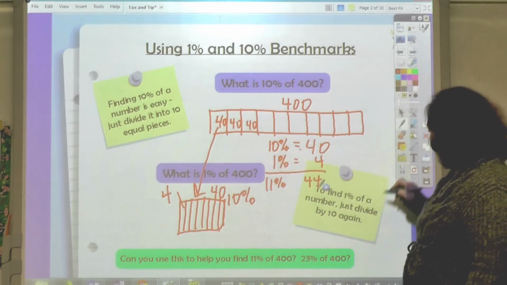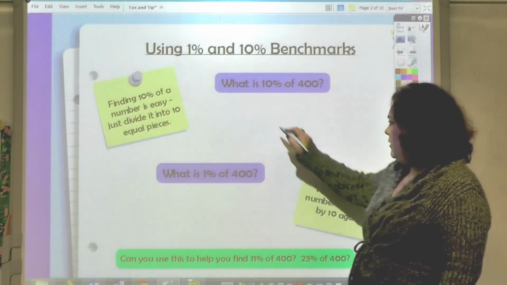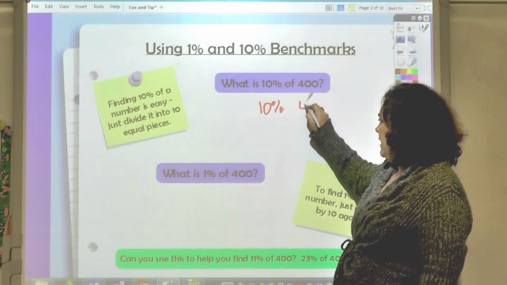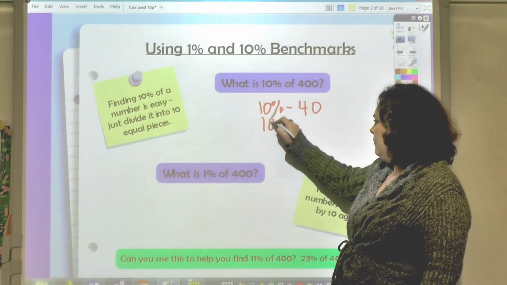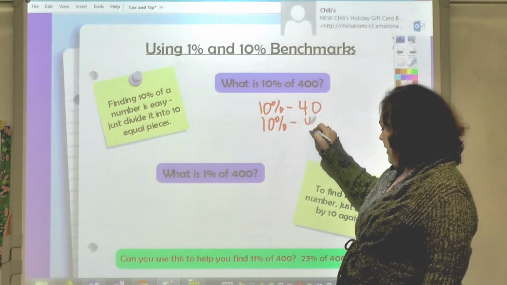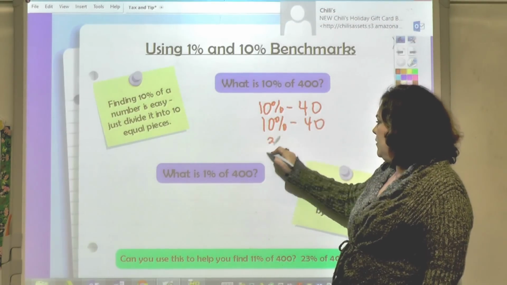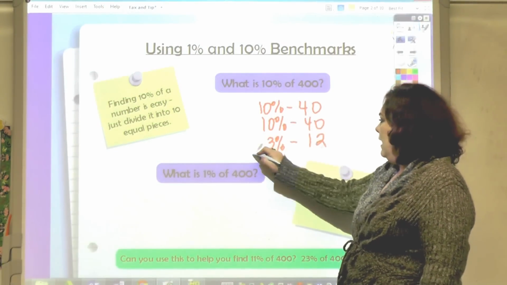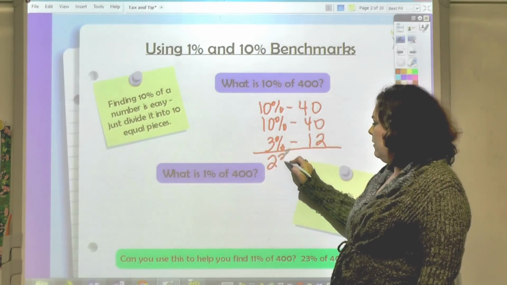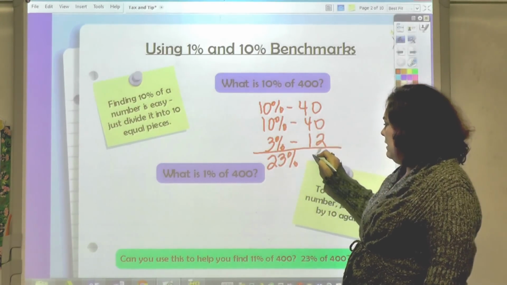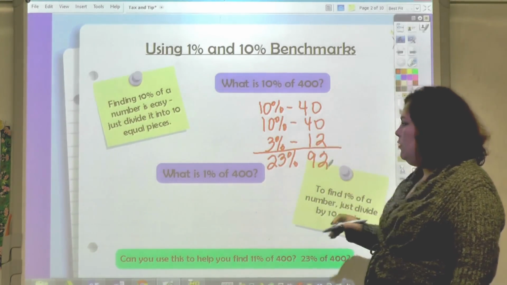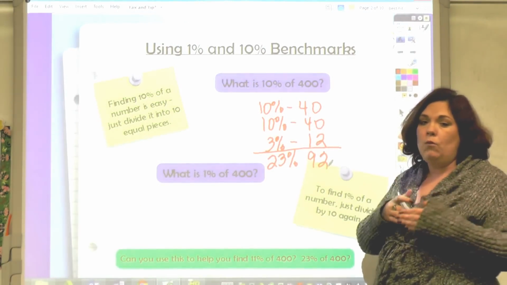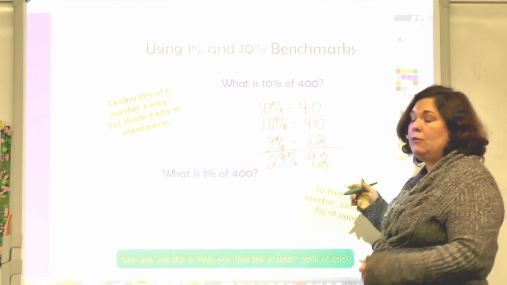And then to get 23%, you would do 10% would be 40, and another 10% would be 40, and 3% would be 3 times 4, which is 12. And so for a total of 23%, you would get 92. And so you can do that with any variation. As long as you know 10% and 1%, you can get to any of these other percents.